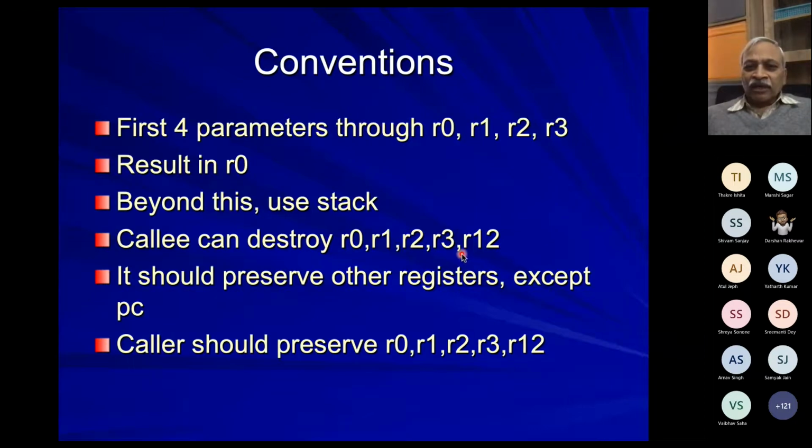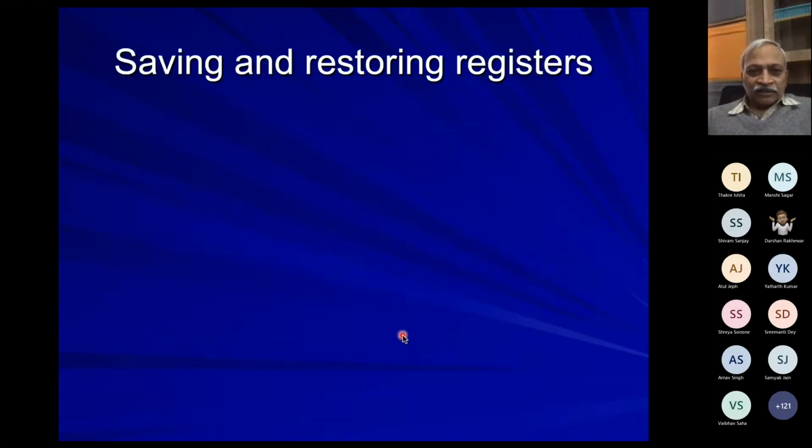So it should take care of preserving it. If it needs those values after the call, it should preserve. So this way, responsibility of preserving or saving the contents of register is divided. So that is part of the convention. The caller preserves these registers and callee would preserve other registers.